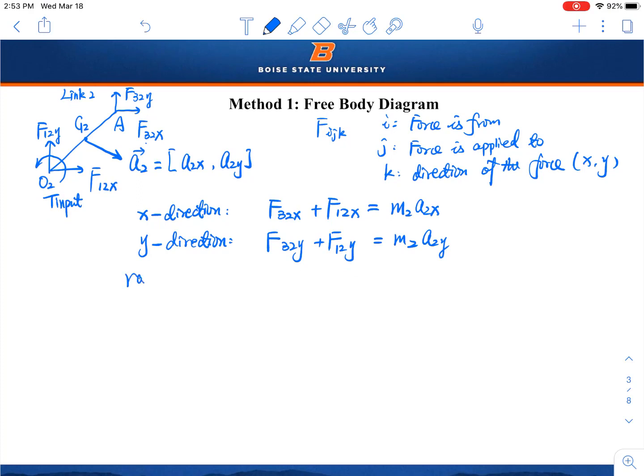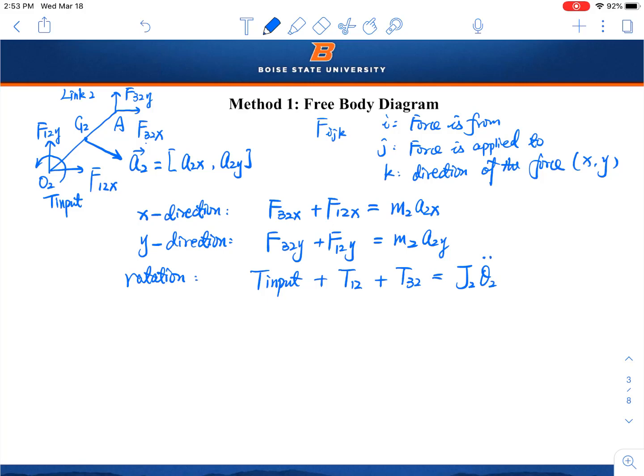So we also have rotation. So what torque do we have? We have an input torque. This input torque is going counterclockwise, so that's why it's positive. We have the torque generated by force F12. We also have the torque generated by F32. Okay, so these 3 torques together are going to generate an acceleration.